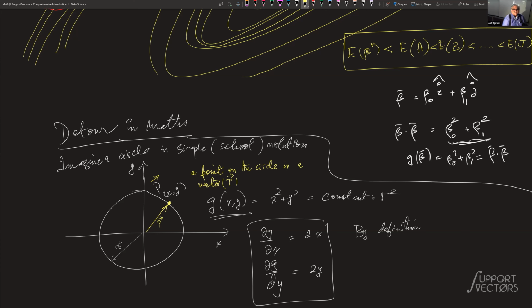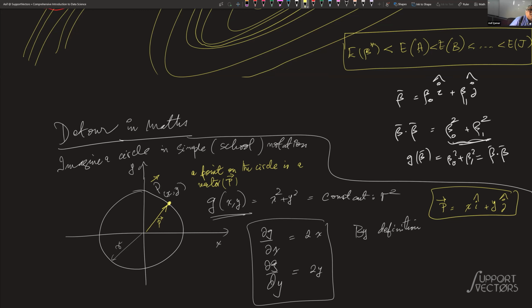Now this point, we can write it in a sort of notation. We can write P as, in high school notation, xi plus yj. There's an x component to it and there's a y component to it. So far, so good, right?